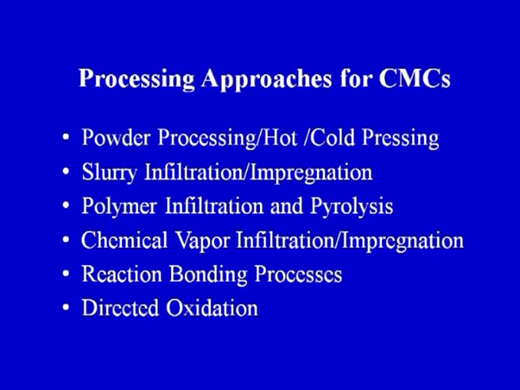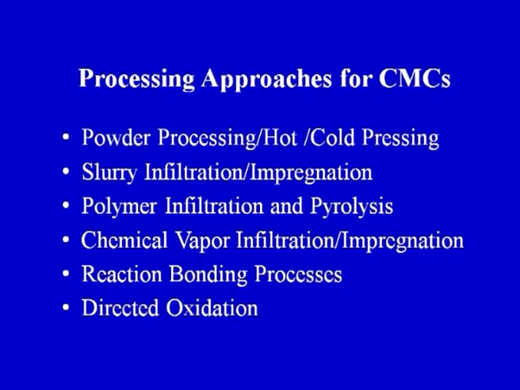The next technique on your screen is slurry infiltration or impregnation. That is also an important technique used for processing of ceramic matrix composites, and we will see the process details of this technique in our subsequent lecture. Polymer infiltration and pyrolysis is another technique which has been developed.